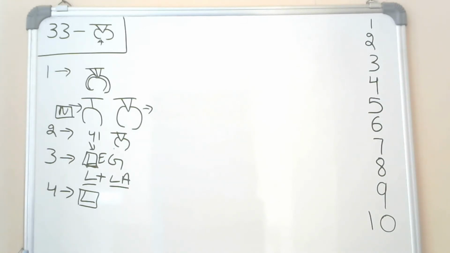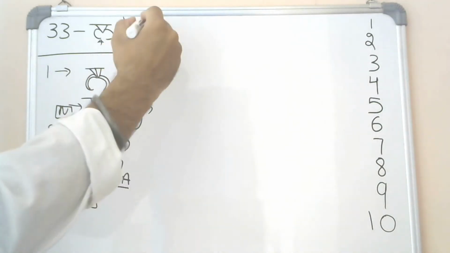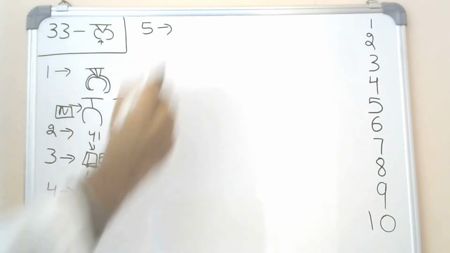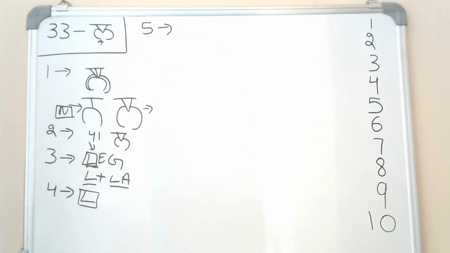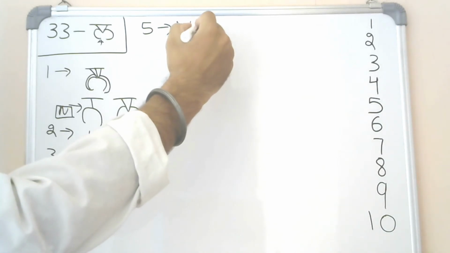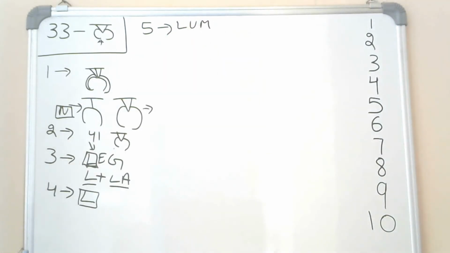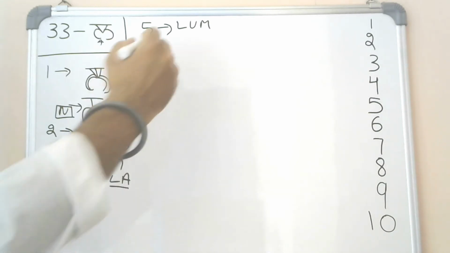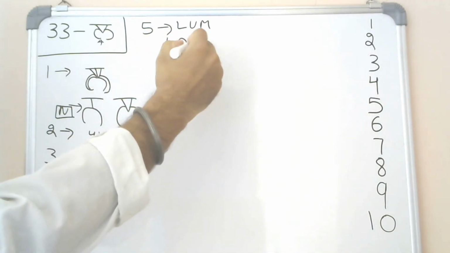Fifth step is examples. Examples I can give you, let me think. We have the example, right? It is, I think, chimney or something. And the other example I can give you is love.